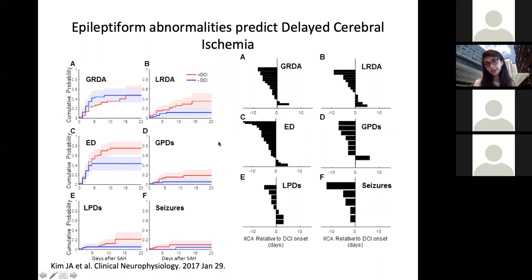And not only are they associated with delayed cerebral ischemia, these patterns are almost always seen prior to the occurrence of the delayed cerebral ischemic event. Again, suggesting that there may be some link with secondary brain injury as manifested by delayed cerebral ischemia.